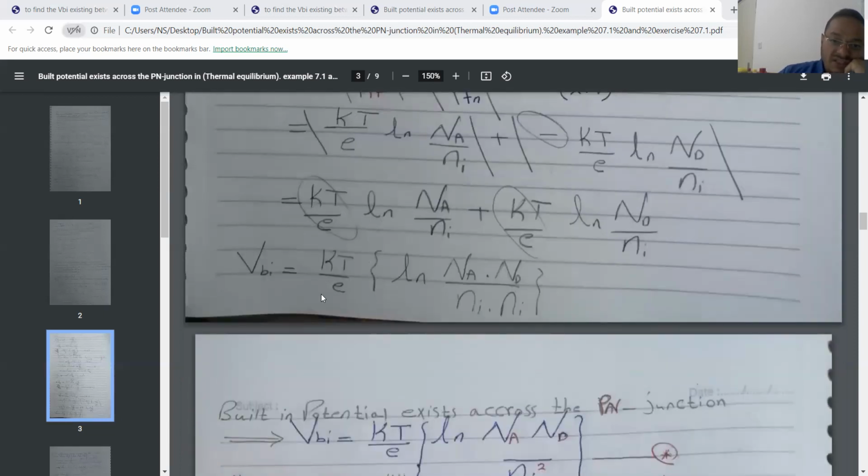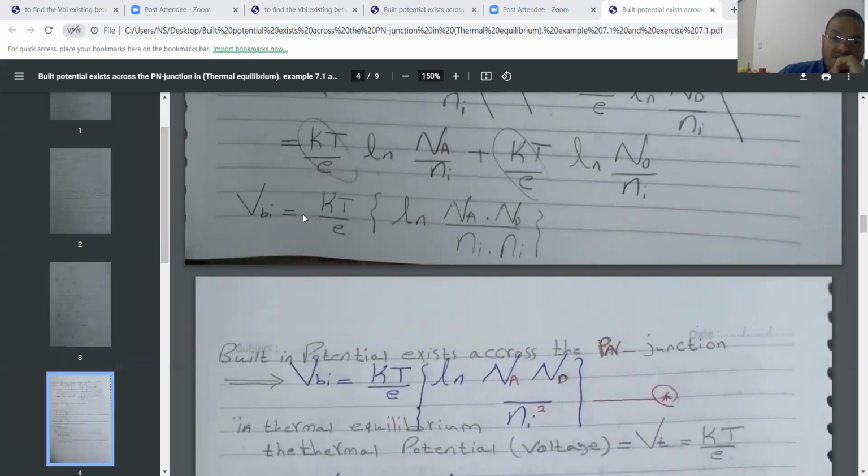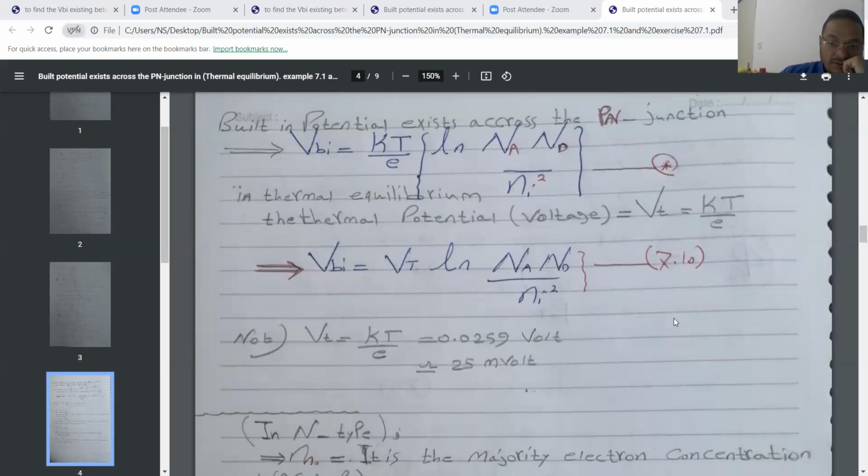After that, like we're seeing here, Boltzmann constant times temperature divided by electron charge, then donor concentration times acceptor concentration divided by intrinsic carrier concentration squared. Like we know, and like I said before in the last lecture, kT divided by e equals V_T. That means the thermal potential, or we can say thermal voltage. That means V_T ln of N_A N_D divided by n_i squared. This will be 7.10.